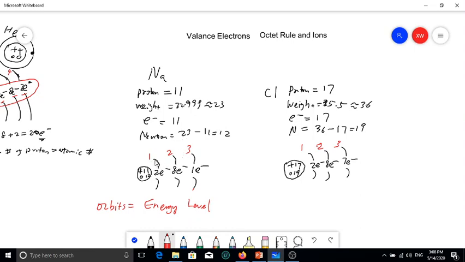The electrons located on the first layer have the lowest energy. It's closer to the nucleus. So you can imagine these 8 electrons located on the second orbit have a higher energy than the first 2 electrons. And the electron located on the most outer layer has the highest energy. In this case, there's only 1 electron.